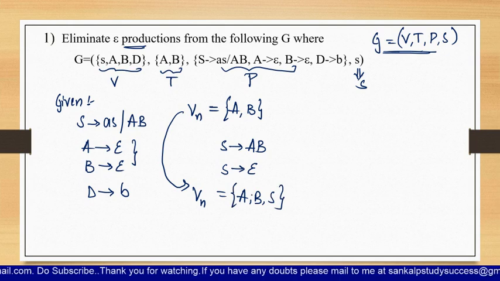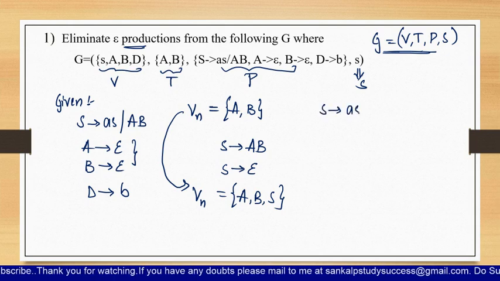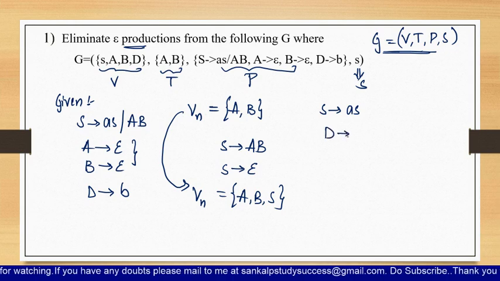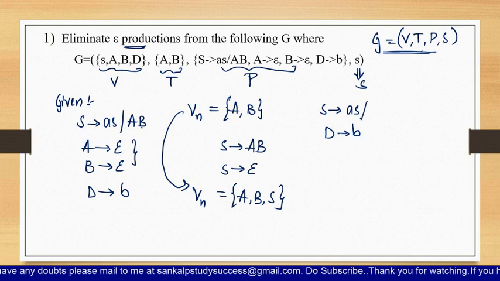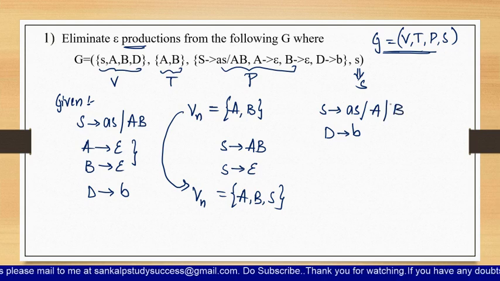Now, by replacing all the nullable variables, let us write the context-free grammar which is left out. So S tends to AS is a production where, if you substitute nullable variables with epsilon, then you are not going to get AB, right? And the remaining one is D tends to small b. Here, if you substitute only epsilon for B, then you will get A. If you substitute only epsilon for A, then you are going to get B, correct?